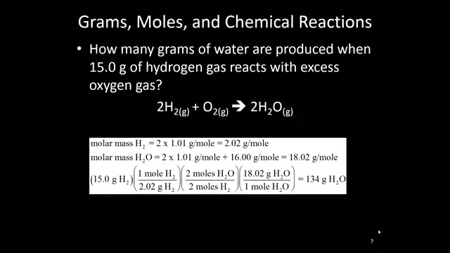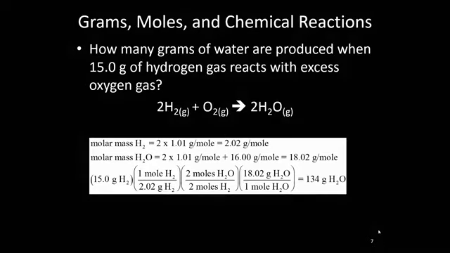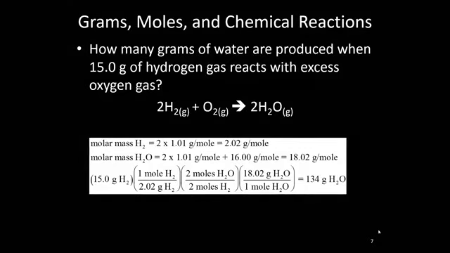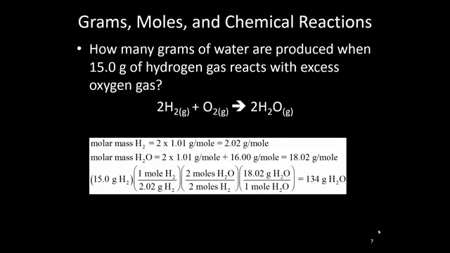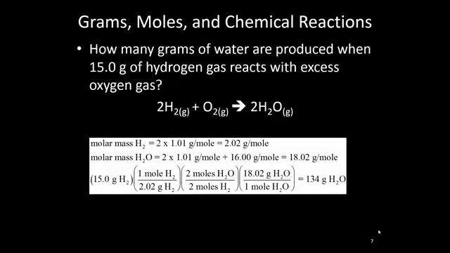Just like we did previously, we can take this entire 5-step process and combine it into 3 easy steps. The first step is to calculate the molar mass of hydrogen. The second step is to calculate the molar mass of water. And the third step is to utilize those two things along with the given information in the problem to reach the solution.